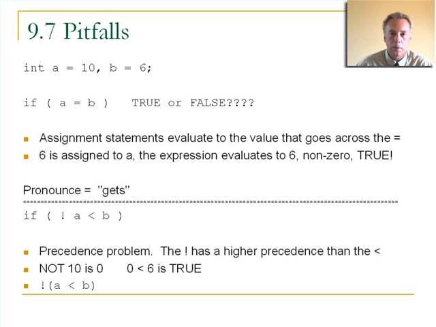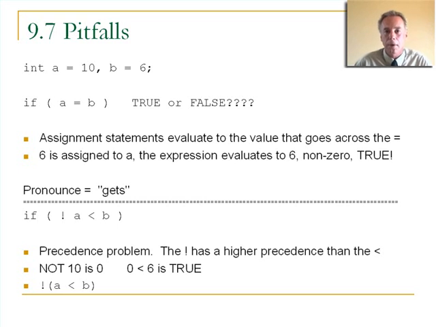So in this case, A gets B evaluates to 6, the value that was in B and went into the variable A. So when you reduce that, we have if 6, which is true. If you're reading that as if 10 is equal to 6, you would want the answer to be false.